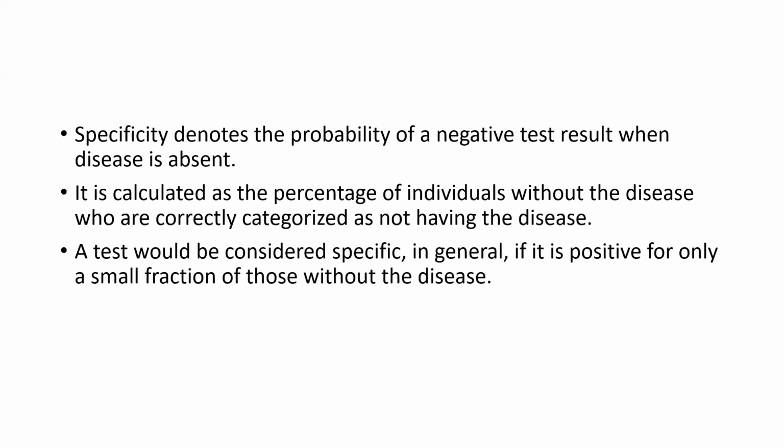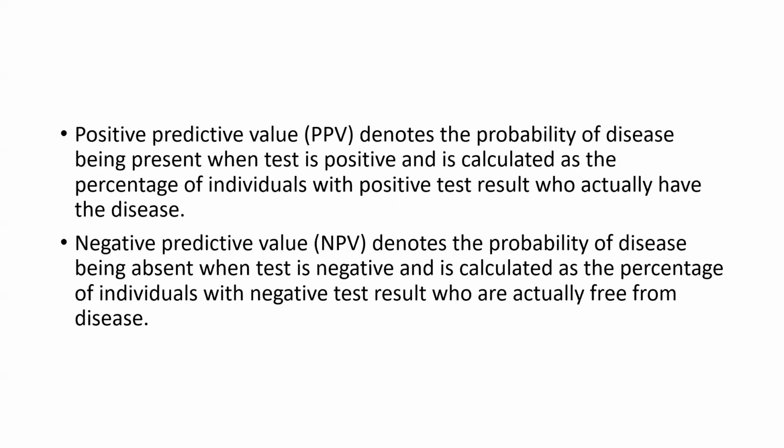Specificity denotes the probability of a negative test result when the disease is absent. It is calculated as the percentage of individuals without the disease who are correctly categorized as not having the disease. The test would be considered specific in general if it is positive for only a small fraction of those without the disease. Now about positive predictive value.